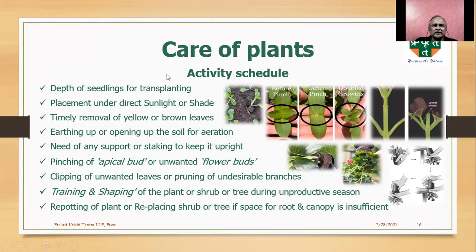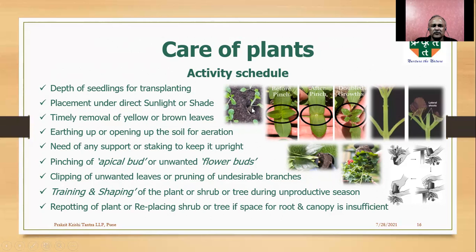In taking care of the plants, there are certain things which are important. First is how you should transplant and at what depth you should place the seedling. The root ball should go inside the soil, and then a little bit of the stem should also be covered.